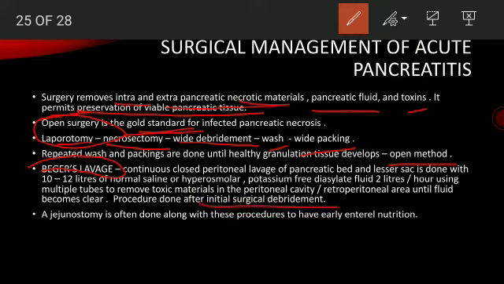Continuous closed peritoneal lavage of the pancreatic bed and lesser sac is done with 10 to 12 liters of normal saline or hyperosmolar or potassium-free dialysate fluid, 2 liters per hour, using multiple tubes to remove toxic materials in the peritoneal cavity and retroperitoneal area, until the fluid becomes clear. A jejunostomy is often done along with this procedure to have early enteral nutrition.